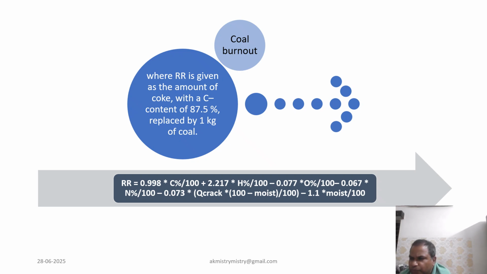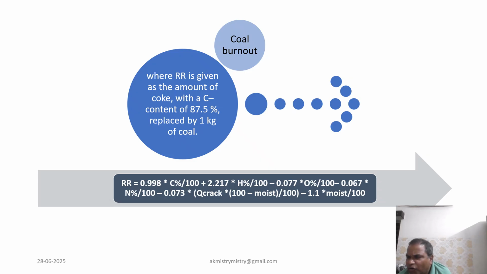Let's dive into coal burnout. Today we are exploring how coal performs in industrial processes like gas furnaces. Coal burnout measures how effectively coal combusts, and a key metric is the replacement ratio, or RR.